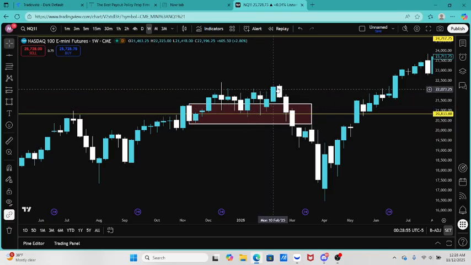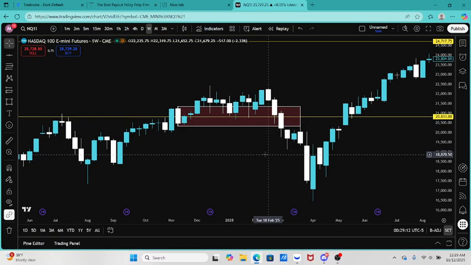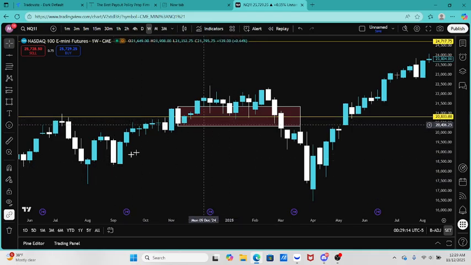And then as we come down, you see we actually come down and take out these lows, and then close under that halfway point. That is a good indicator that we are actually going to be going lower. And where would we be aiming for?